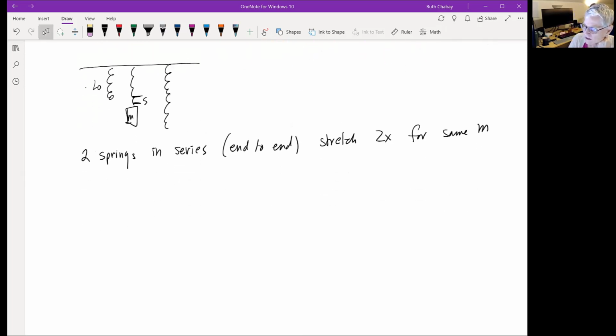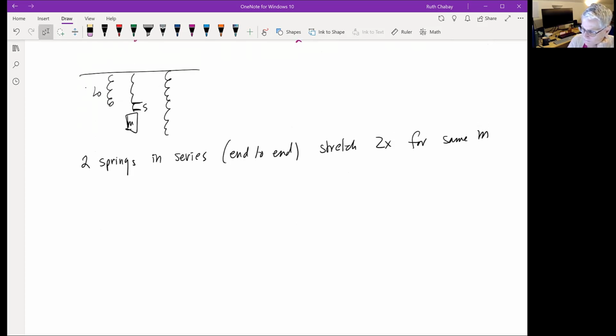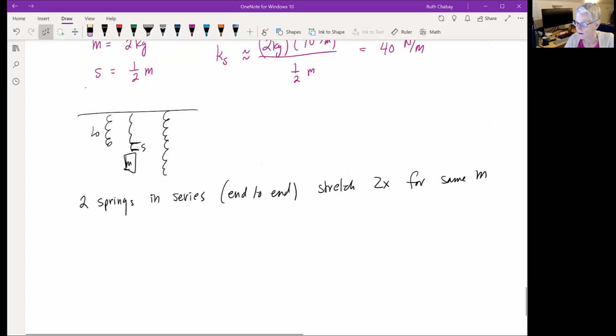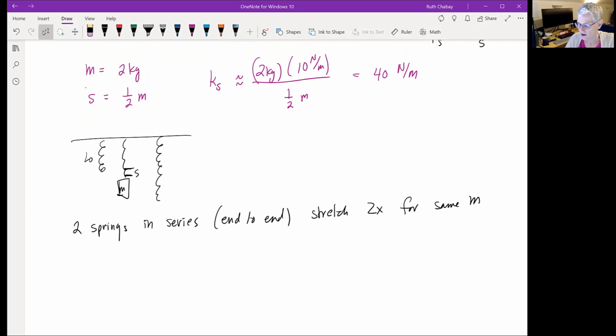So it looks like actually the effective spring stiffness of the whole chain is actually, we got the same mass, but we got twice the stretch.